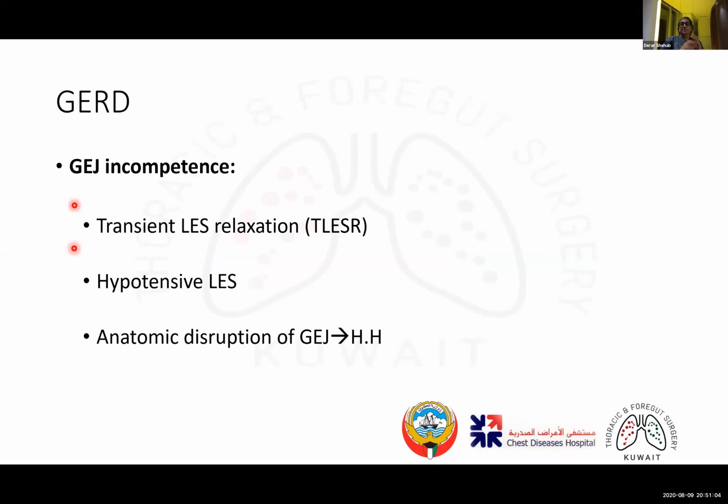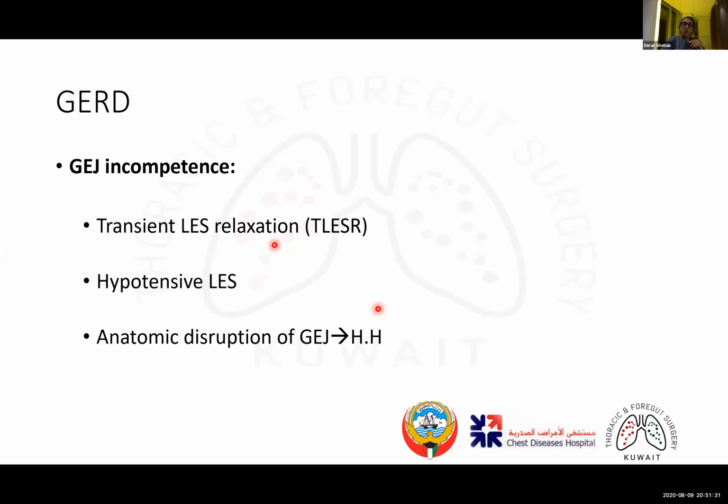GERD happens because of gastroesophageal junction incompetence, and the incompetence may be due to transient LES relaxation. Many factors, this is one of the factors. Or due to hypotensive LES, or there is an underlying anatomical disruption of the GEJ, like in hiatal hernia.